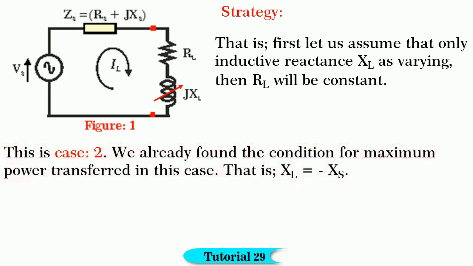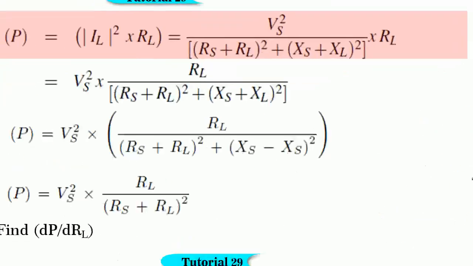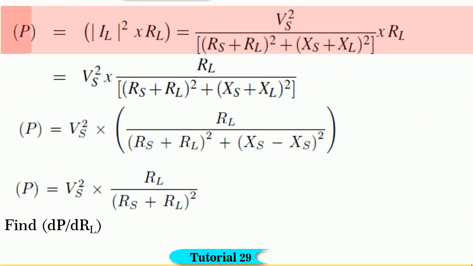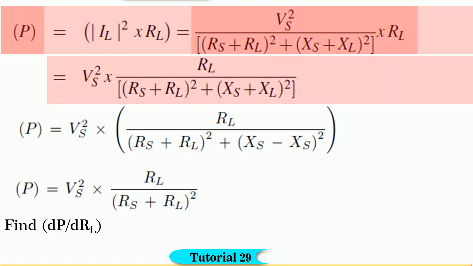You know it. So, we know the equation for power as P equal to Vs squared into RL divided by (Rs plus RL) whole square plus (Xs plus XL) whole square.